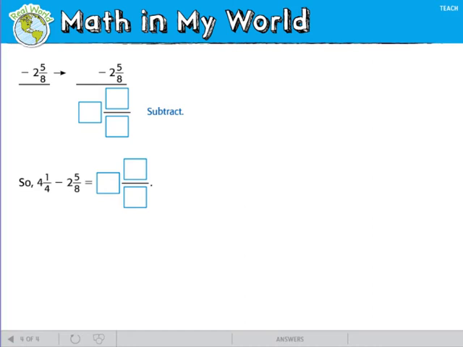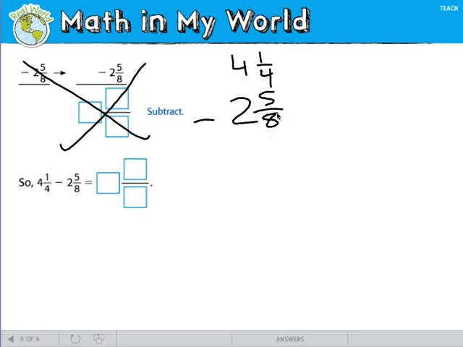But you can see that they didn't even start off with, we had 4 and a 4, okay? So ignore this part. Subtract 2 and 5/8, okay? We then change this to 4 and 2/8, subtract 2 and 5/8, right?